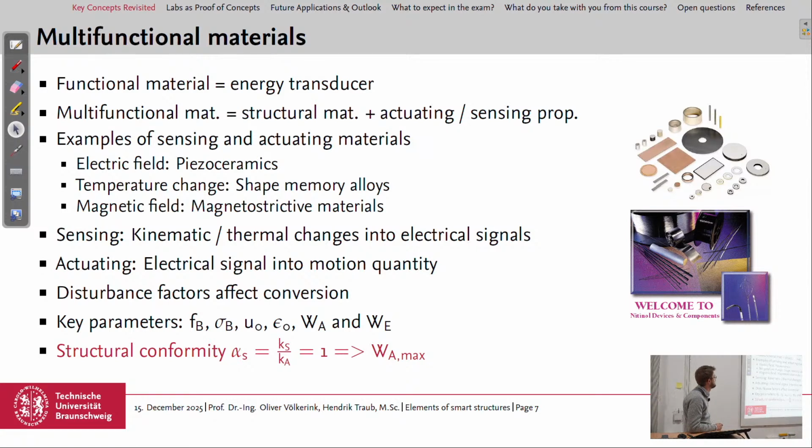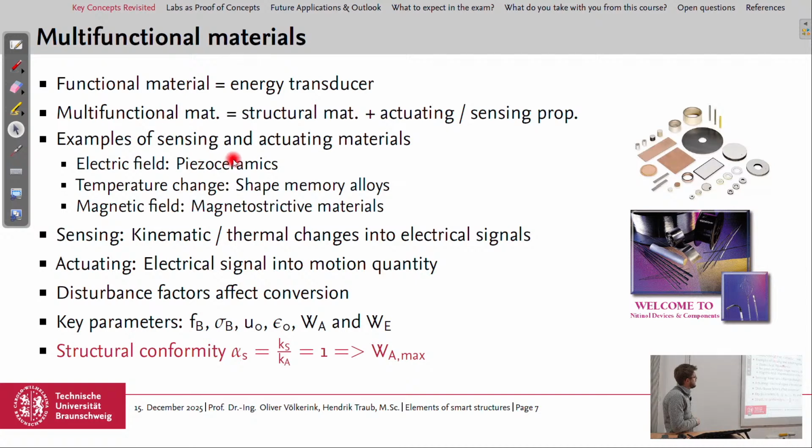What are multifunctional materials again? A functional material is an energy transducer, which, for example, transduces mechanical to electrical energy and the other way around. A multifunctional material, in the sense of our course here of smart structures, is a structural material which also has actuating and sensing properties.